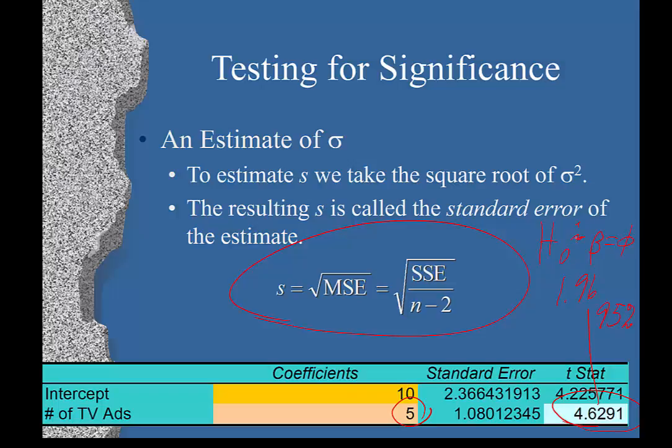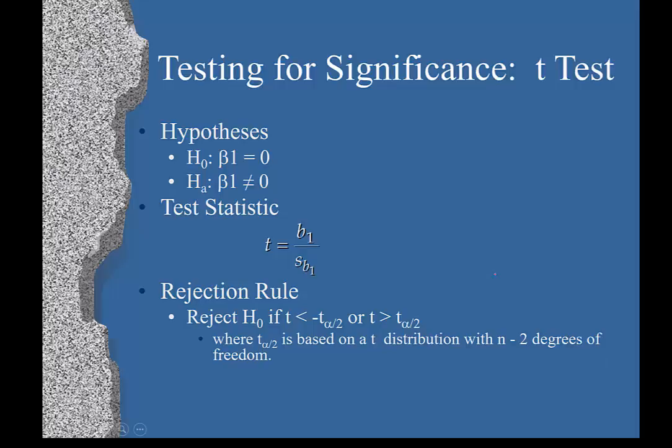So the null hypothesis is that beta is equal to 0, and we're going to reject the null hypothesis at the 95% level if the calculated t is bigger than the critical t of 1.96. This one is big enough that my guess is we would reject that null hypothesis at the 99% level. So that's what we're doing.